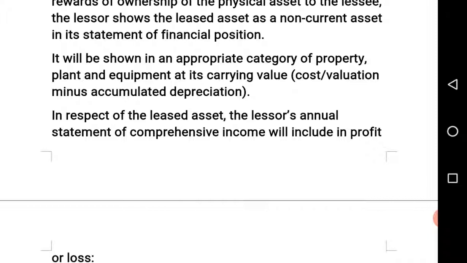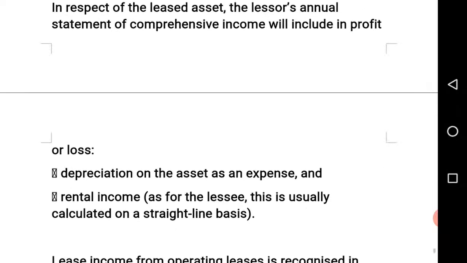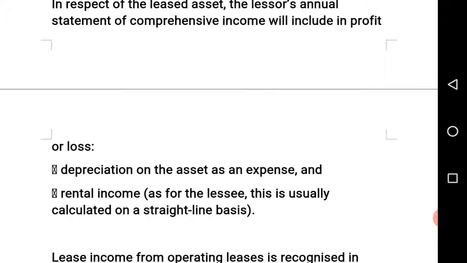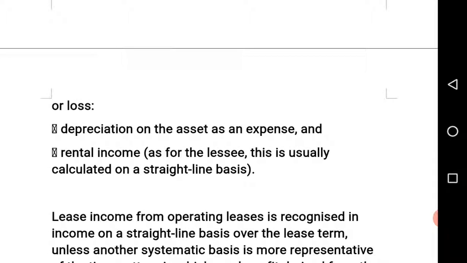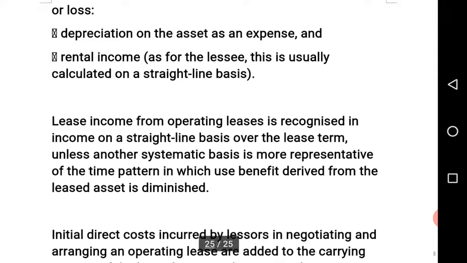The lessor's annual statement of comprehensive income will include in profit or loss, first, depreciation on the asset as an expense, as the regular treatment that we know. And second, rental income, the rent it gets from leasing the asset to the lessee in an operating lease arrangement. This is usually calculated on a straight line basis.